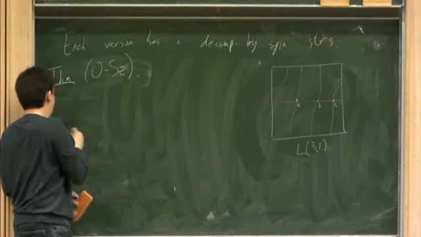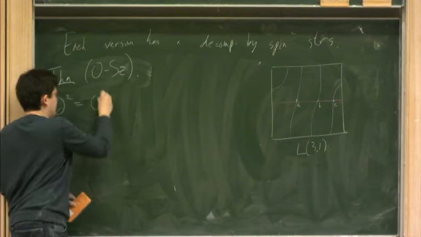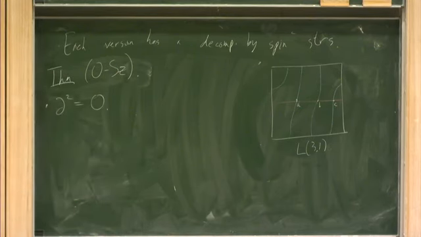So the first thing is that d squared is equal to 0 all the time.